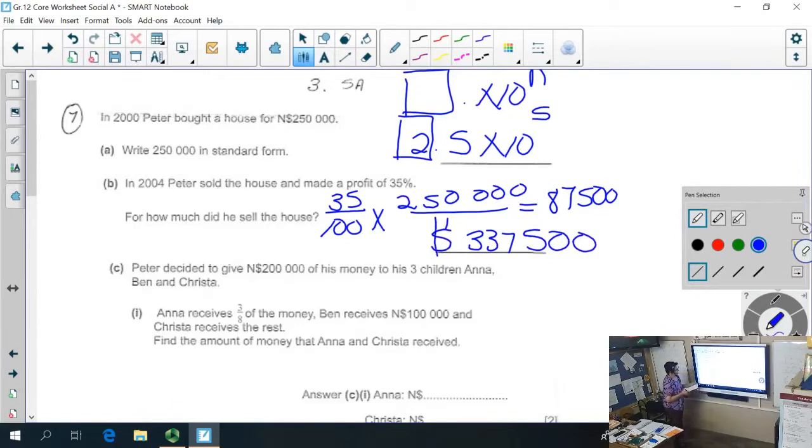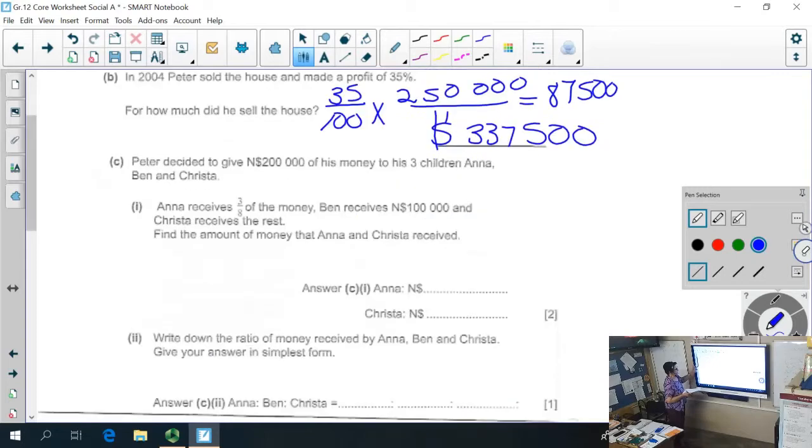Peter decided to give 200,000 of his money to his 3 children, Anna, Ben, and Krista. Anna received 3/8 of the money. Ben receives 100,000 and Krista gets the rest. And now we have to calculate what Anna and Krista get. So this is just 3/8 of the 200,000, which is what?